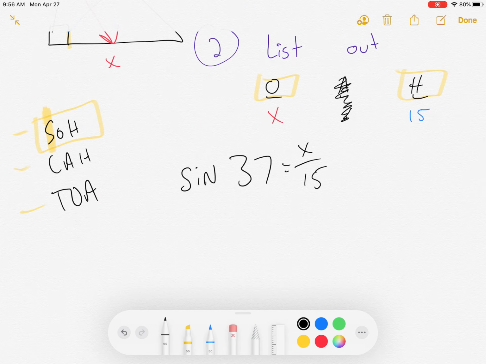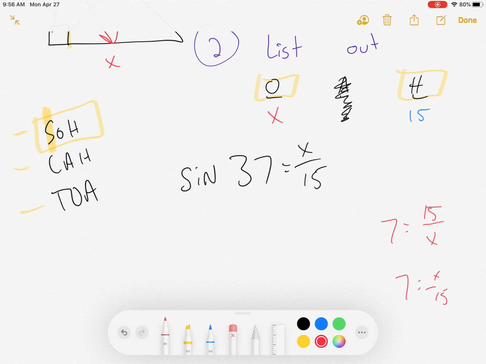Now you're probably saying, how the heck do I figure out what x is? Let's back it up. Let's say we have a whole number, sine of 37. This is a number. If you type it into your calculator, you're going to get a number out. So let's say we have 7 equals x over 15.